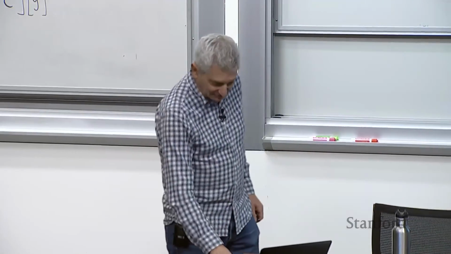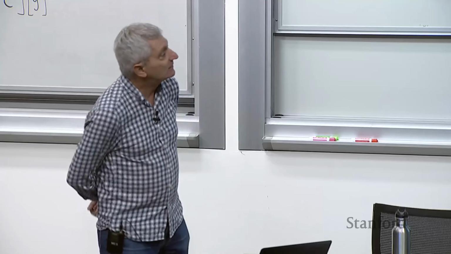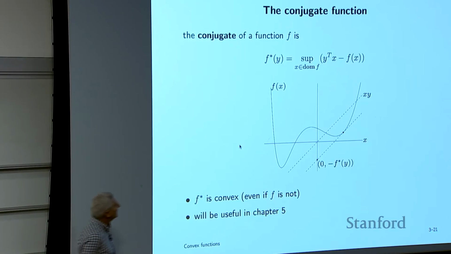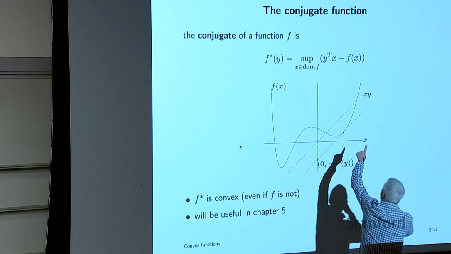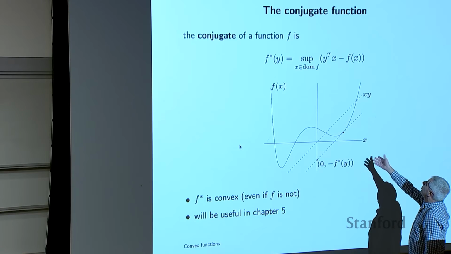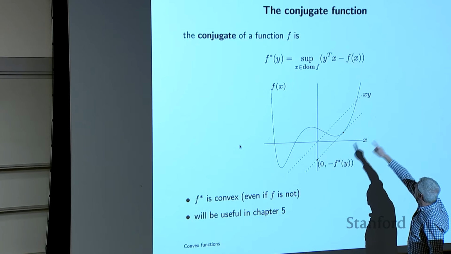Could you explain the graph? I could. If you want to do this graphically, here's f. What you do is you form xy, that's this line here.